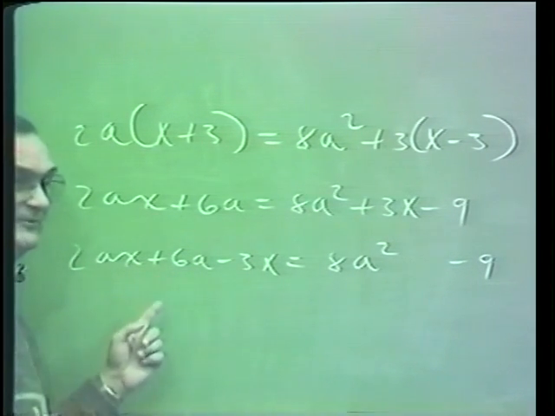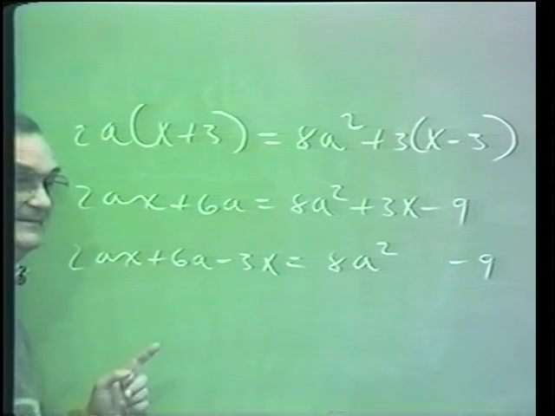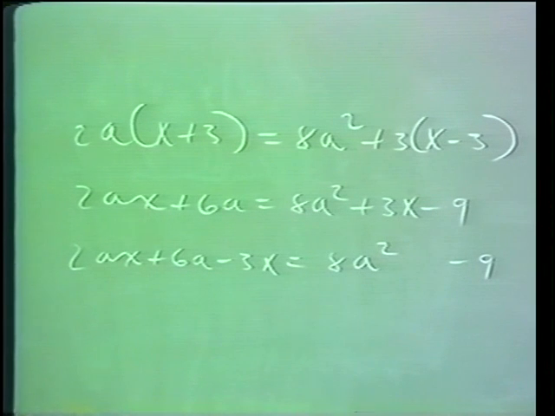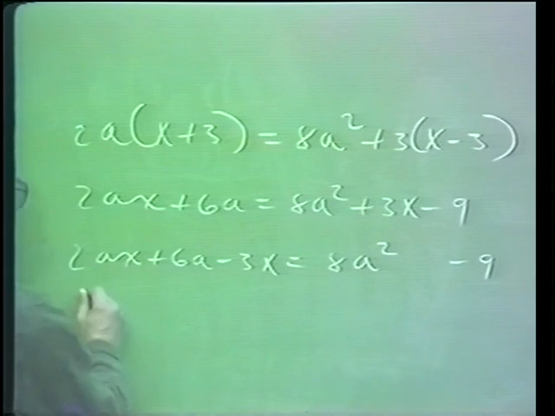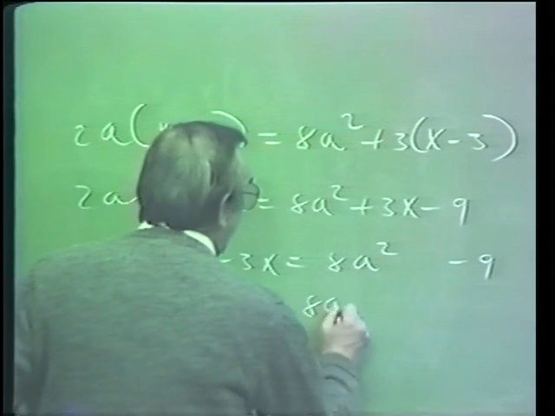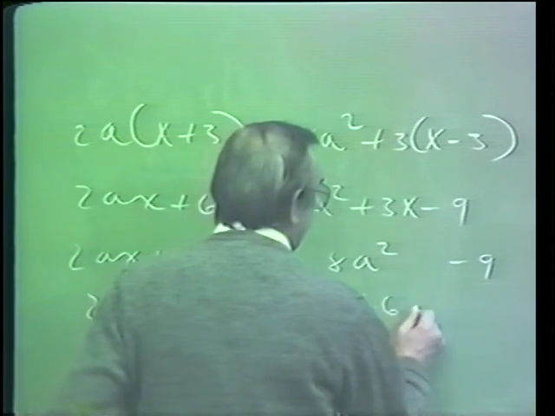How many of those 3 terms do not contain an x in it? 1. Just the 1. We want to get all the terms that don't have x off that side. That means we have to get rid of that 6a. We add a negative 6a to both sides. And remember, when you add it, put it in the proper place.